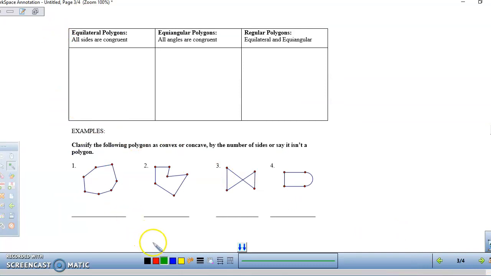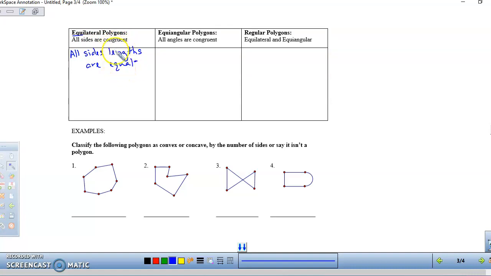Next, so equilateral. So equa or equal is pretty much in the name. So all the sides are congruent, or you could say all side lengths are equal. So side lengths are equal, and then sides are congruent.